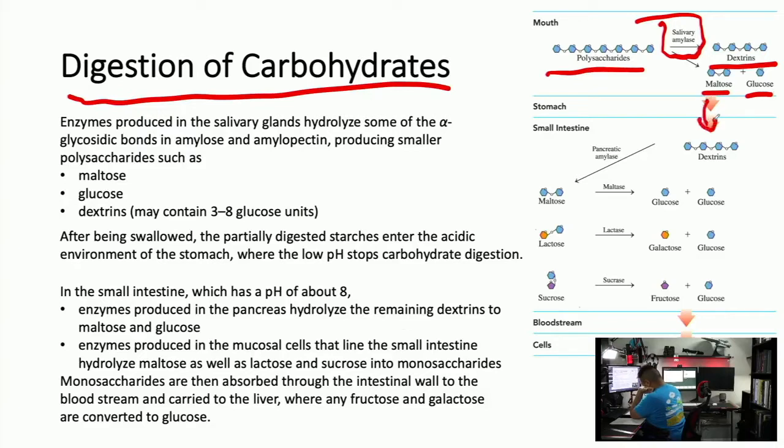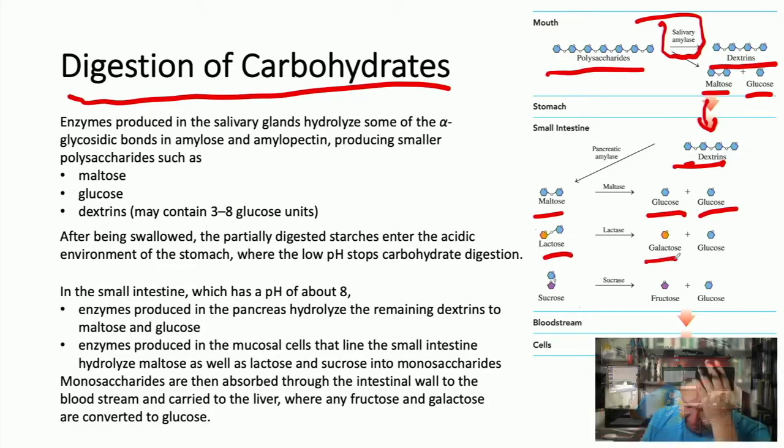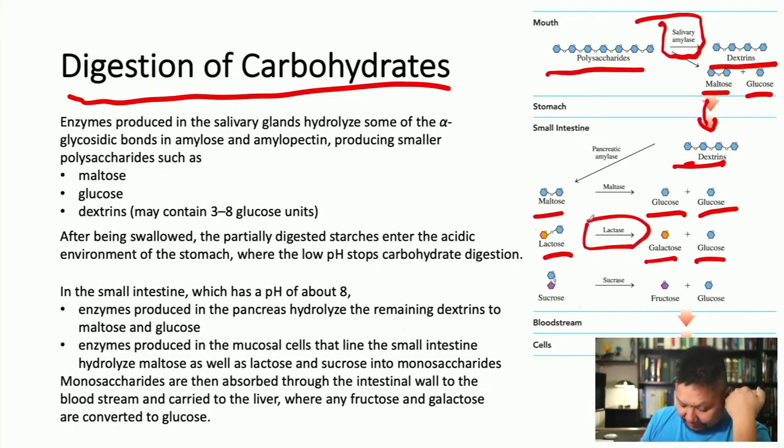Into the stomach it goes, right? And the dextrins get broken down even more in the small intestine into maltose, and then maltose breaks down into 2 glucoses. And then even lactose gets broken down into a galactose and a glucose in your small intestines with the lactase enzyme. And then sucrose, just plain table sugar, uses sucrase to break down into fructose and glucose.